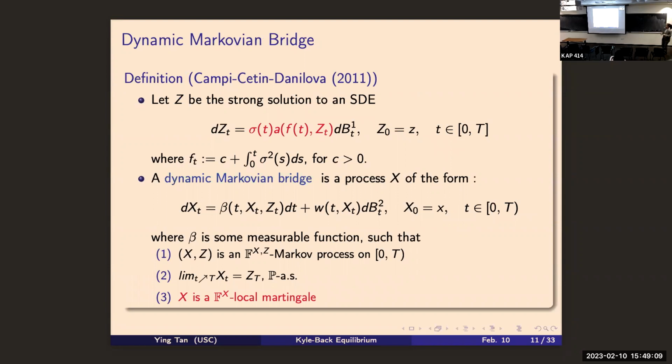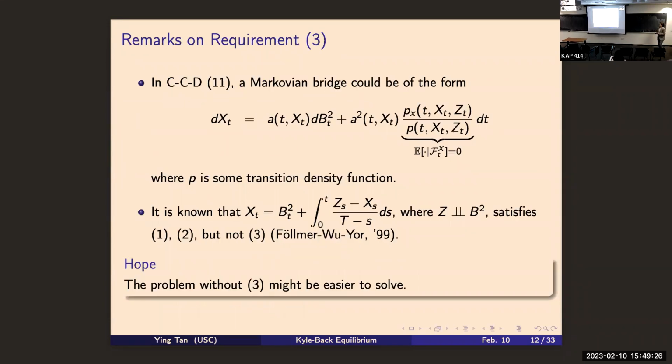They are a Markov process, and the limit of X is indeed Z, so this satisfies the bridge property, but that example fails at the third condition. So our hope is, can we solve a problem like this without requiring X to be a local martingale under its own filtration?